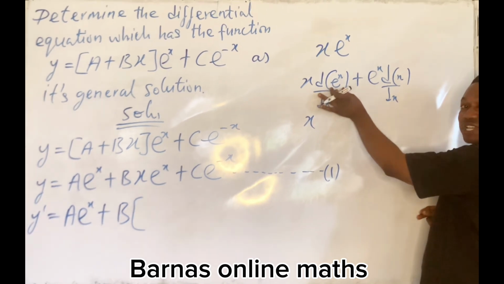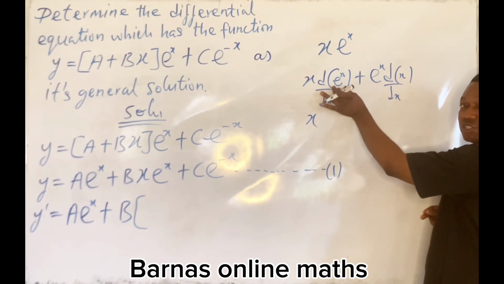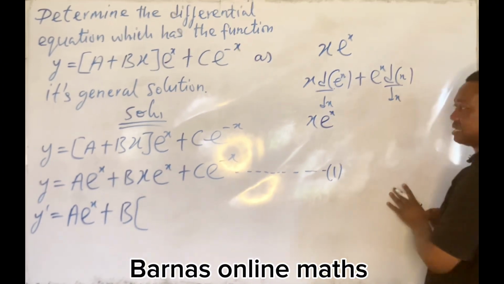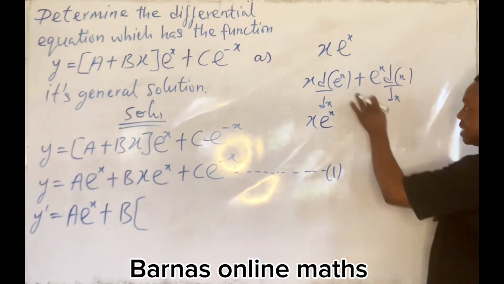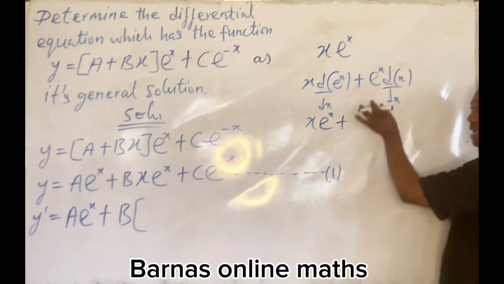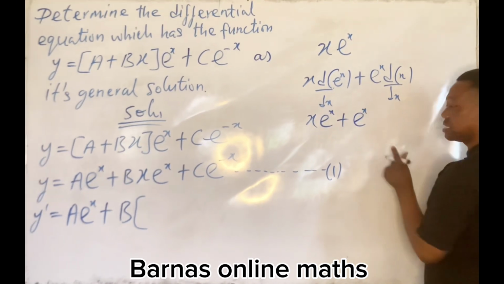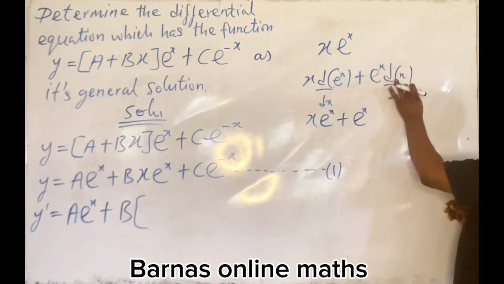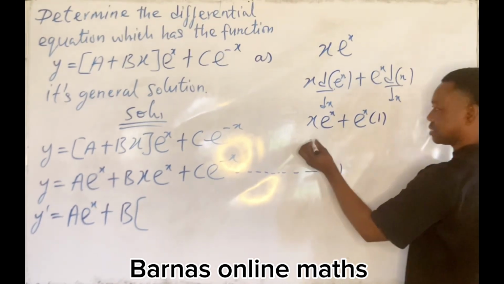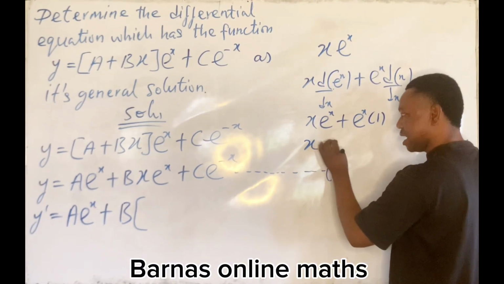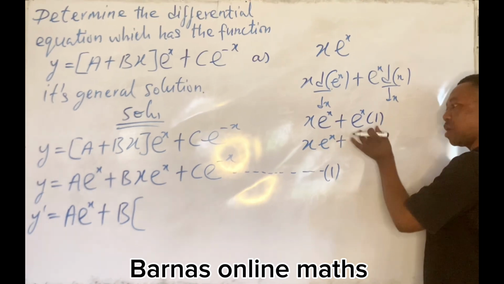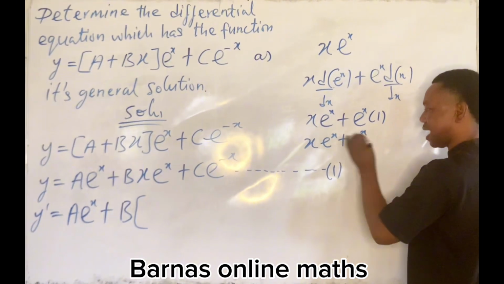Once you differentiate an exponential function, it doesn't change, so we have e to the power x. Then plus e to the power x, bring it down, then differentiate x, we have 1. So we have x e to the power x plus e to the power x times 1, which gives e to the power x.